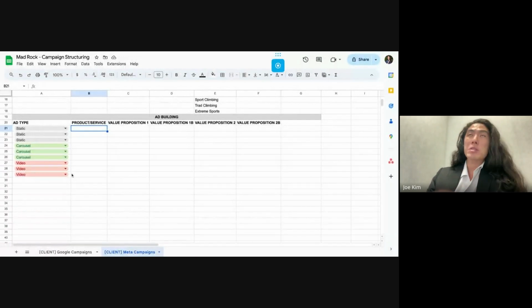Okay, so it seems like we want to segment. I think for our static ads, we could just target shoes aggressive, shoes casual. In the carousel, you could almost do all three categories in the carousel, right?